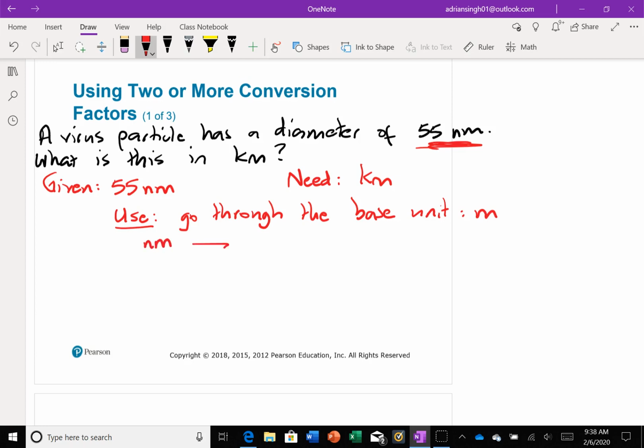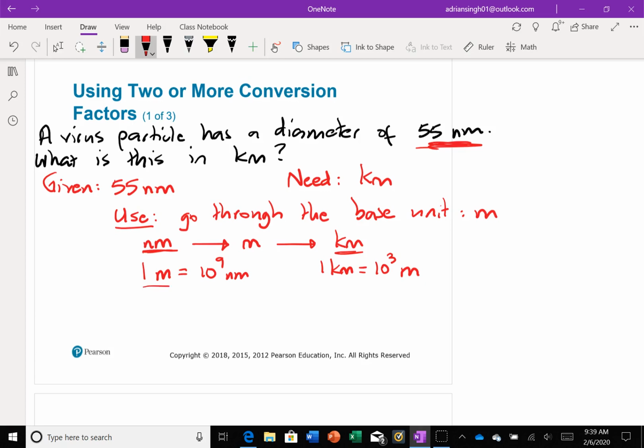So our pathway is going to be something like this. We're going to go from nanometers to meters, and then from meters to kilometers. And you should know now what the relationship is between each of those units. So for instance, you may know that 1 meter is equal to 10 to the 9 nanometers. And then you should know that 1 kilometer is equal to 10 to the 3 or 1,000 meters, right? Those are going to be our conversion factors that we're going to use to get us from nano to kilo.